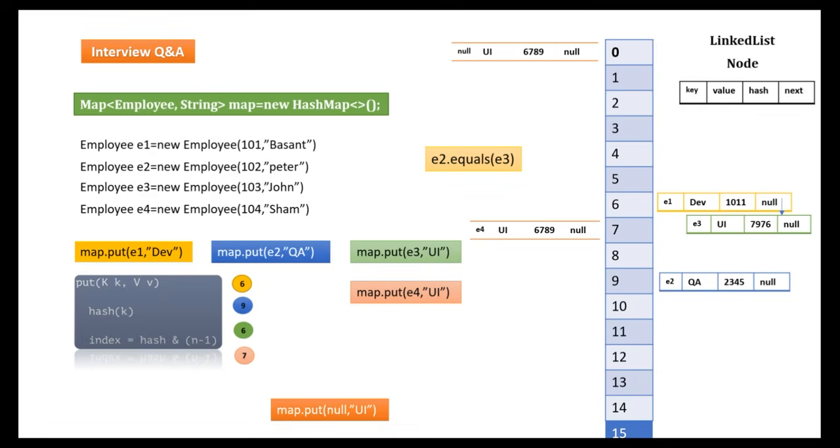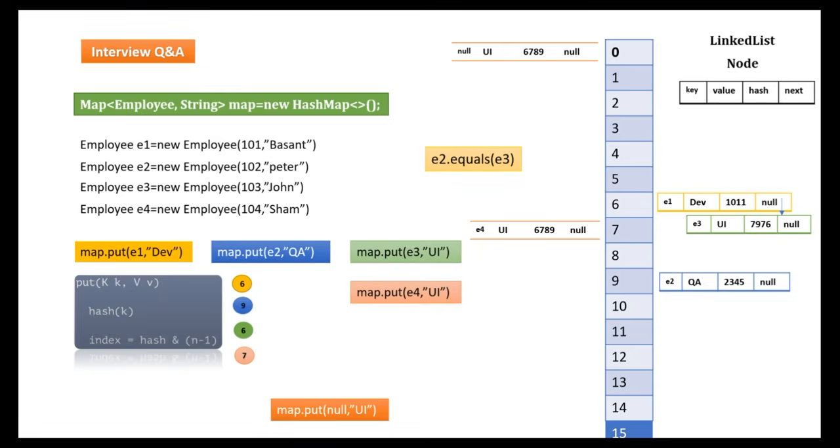Let's say there is a hashing collision in the same bucket and they find 5 nodes, then immediately that linked list will be converted to a balanced tree, and it will maintain the balance between the nodes. I am not very sure about the internal implementation of this balanced tree, you can just have a look on Google, you will find it. But at a high level they implemented something called a balanced tree. Initially it will use a linked list only, but after a certain threshold it will convert it to a balanced tree.